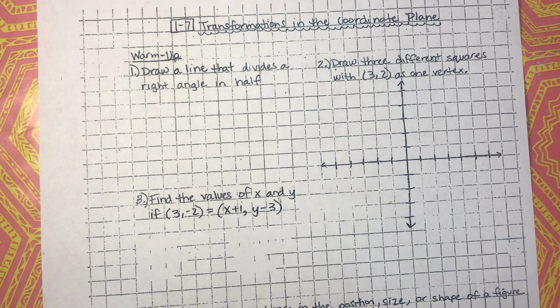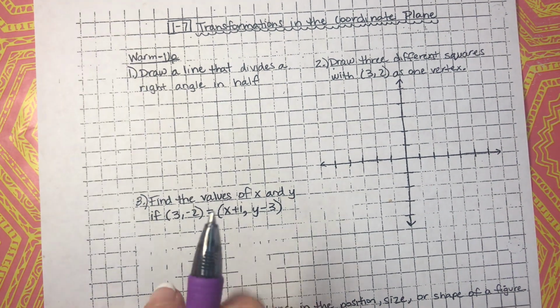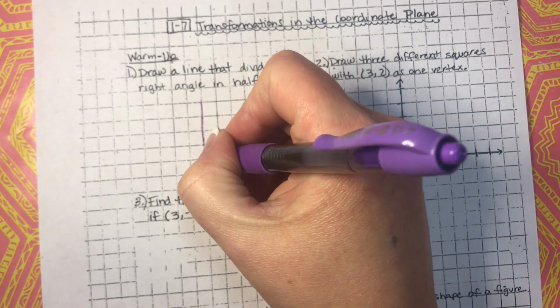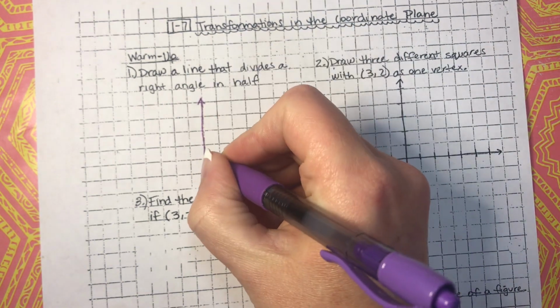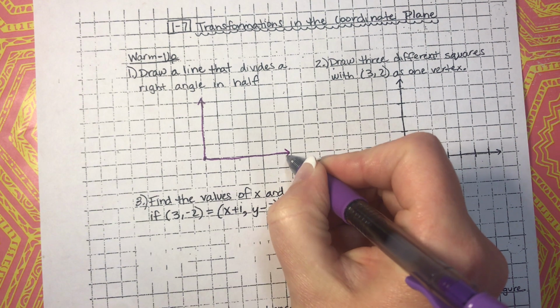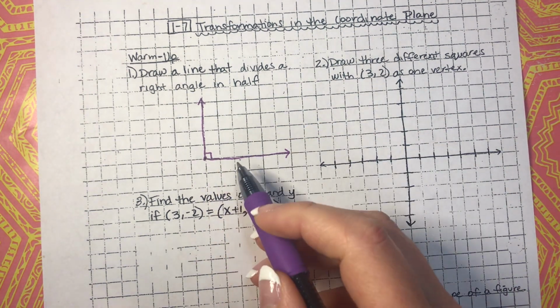All right, we're back. So the first one says to draw a line that divides a right angle in half. So there's graph paper, which is really nice because a right angle is the same thing as 90 degrees. Here's my little right angle. I'm going to put that little mark, which means that it's a right angle.